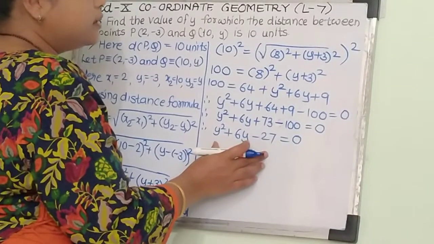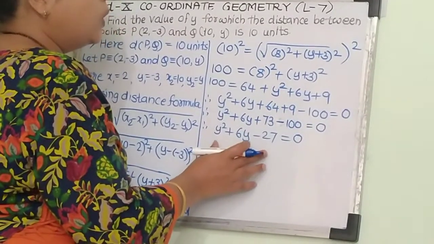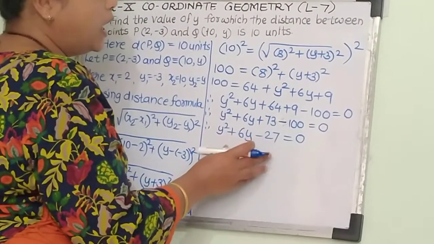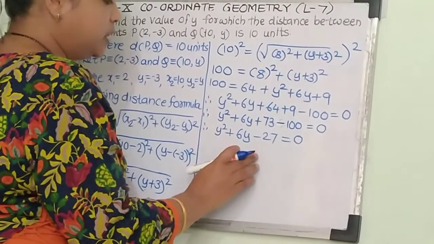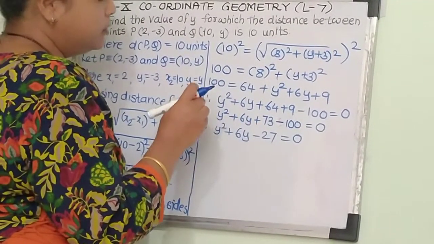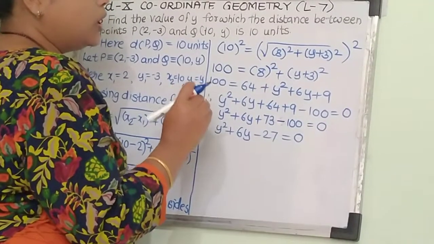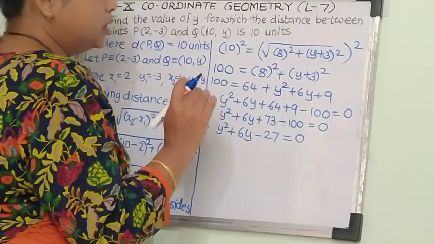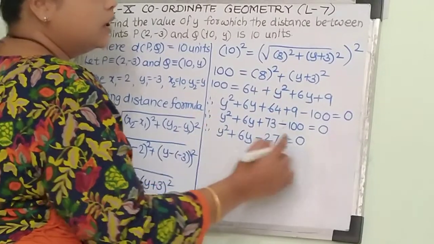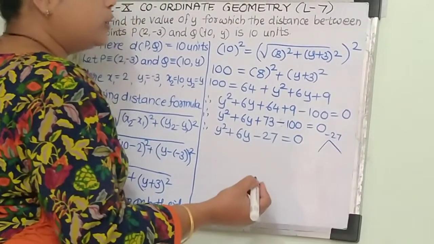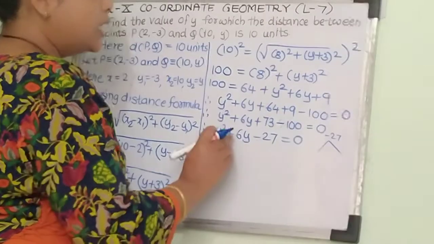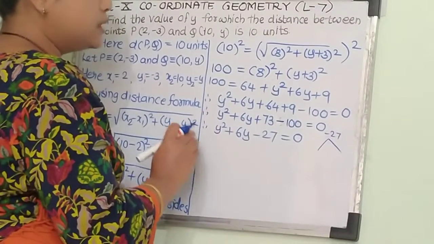And now it is a quadratic equation. Already we learned how to solve a quadratic equation. You can use any one method: formula method, factorization method, or completing the square method. So here I am going to use the factorization method. I want minus 27 to be the product and plus 6 to be the sum.